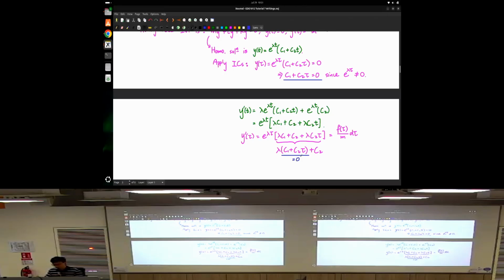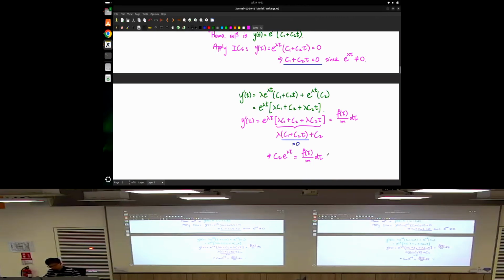So therefore that simplifies a lot. You're only left with c2 times e^(lambda tau). So c2 e^(lambda tau) equals the right-hand side, so you know what your c2 is already. C2 is just e^(minus lambda tau), the reciprocal, times this f of tau over m, d tau.